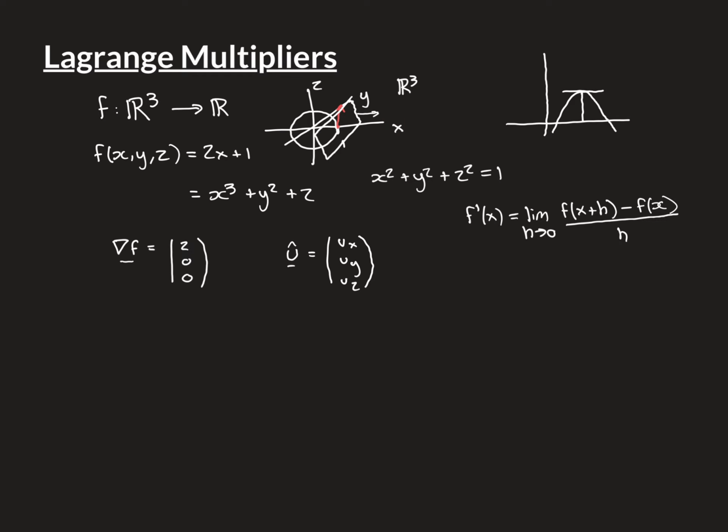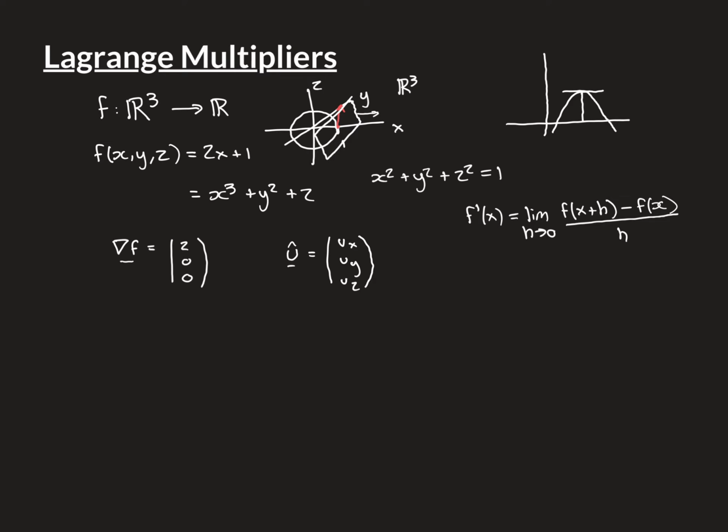What we now know is that if a point on this surface is going to be a maximum or a minimum, or indeed a stationary point more generally, then the tangent plane at that point must be orthogonal, perpendicular, to the gradient vector of our function. And that's why these 2 points are the only stationary points for this function on this unit sphere surface, because they're the only points where the tangent plane is orthogonal to the gradient vector.